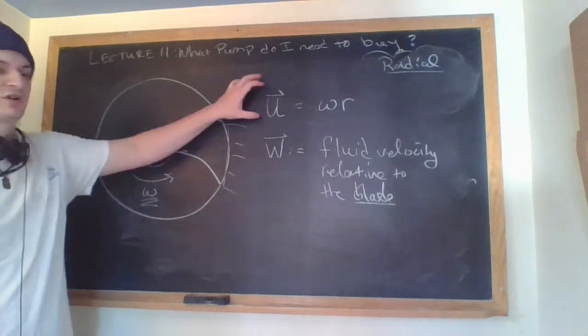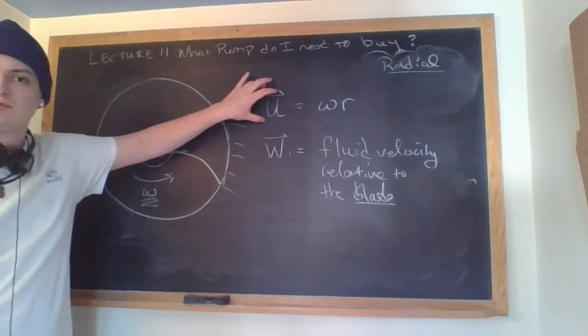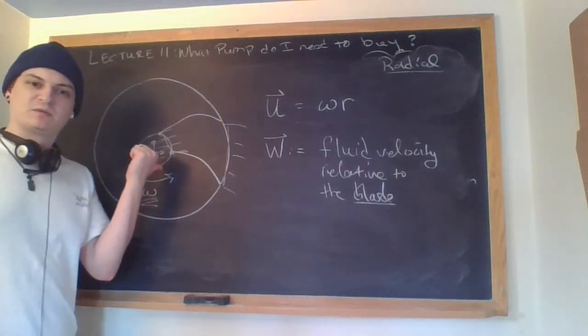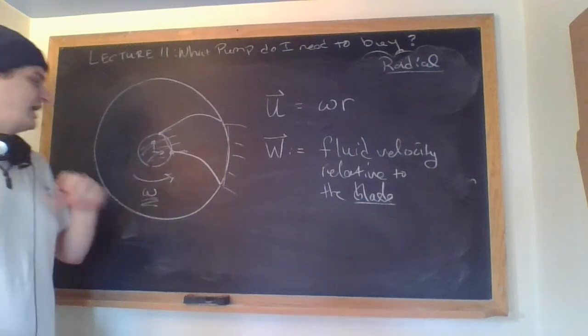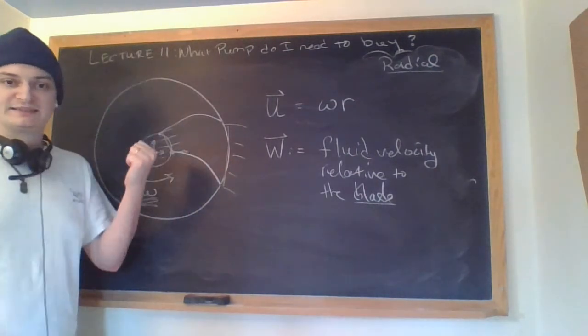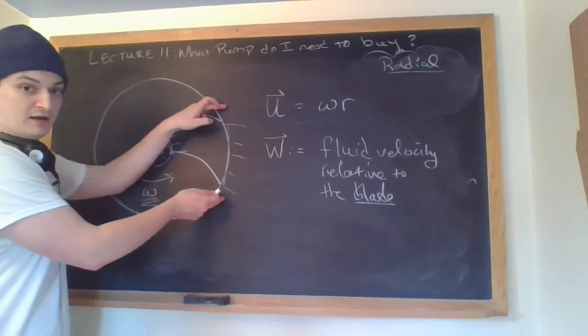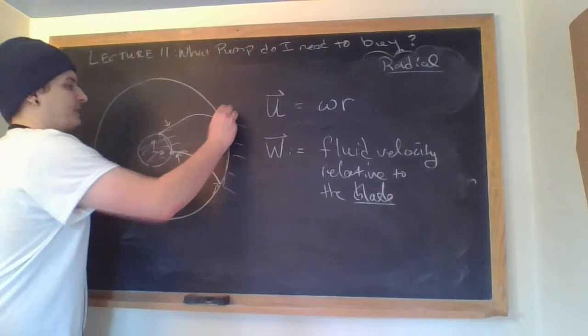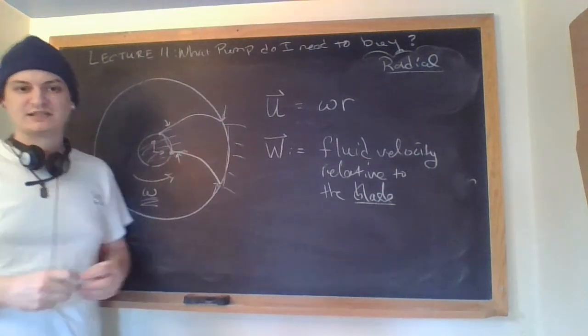Think if I just turn the motor off, and I shoved fluid right into this impeller. If I had enough force going through there, it would still pile up and then just move out based on this expansion. So you could see how, since there's some difference in these areas, you get that flow rate relationship.